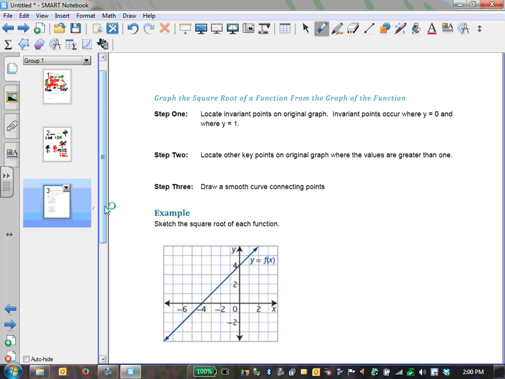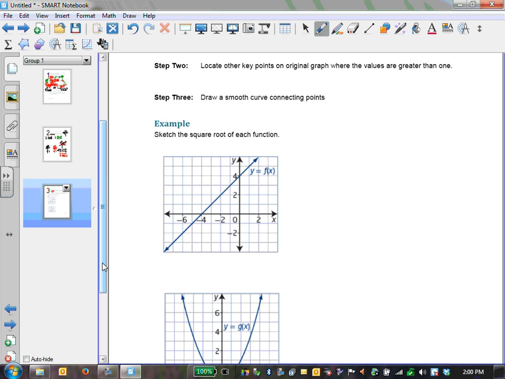Okay, so let's run through the steps. We are on page 3. Step 1, locate the invariant points on the original graph. We're looking for where y is 0 and y is 1.